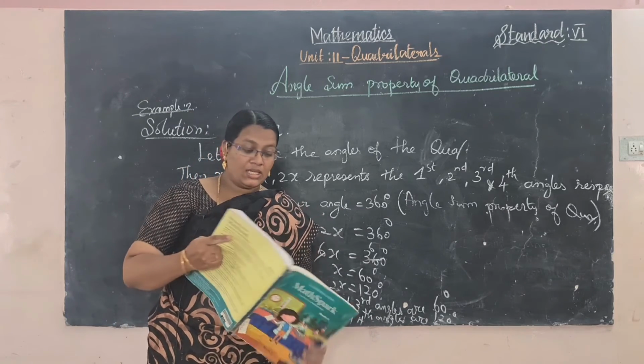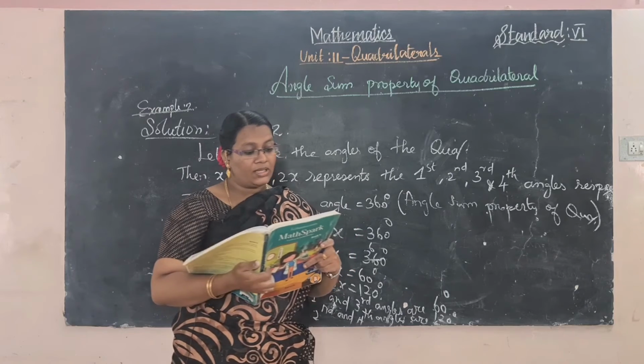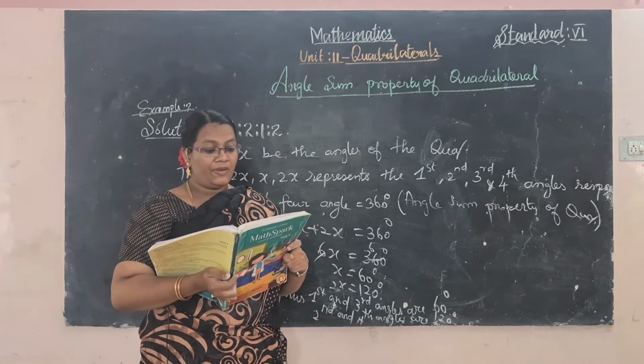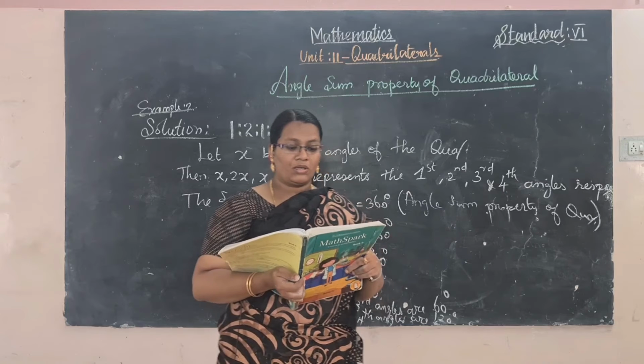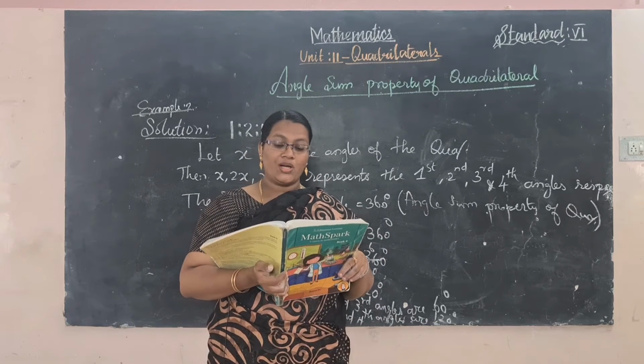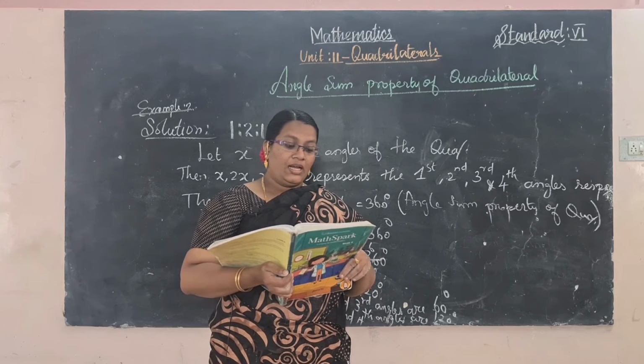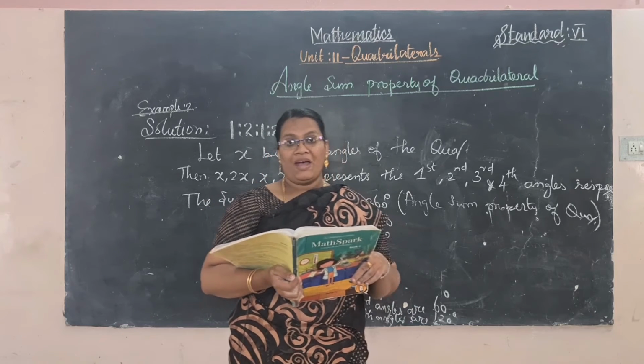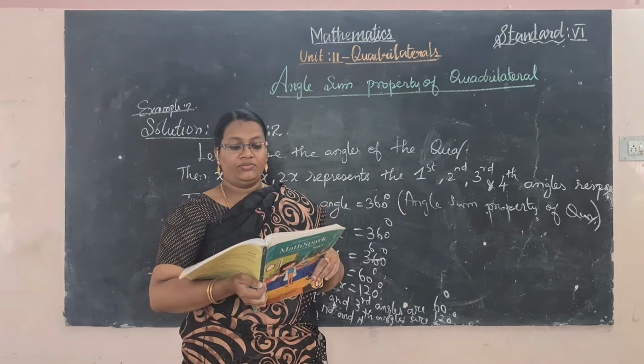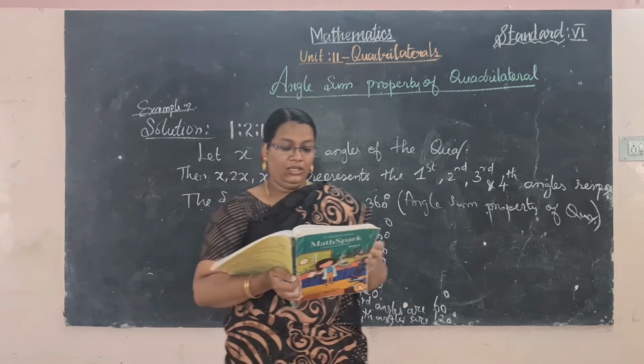Now move to the exercise problem. Exercise 11.3. Draw a quadrilateral PQRS. The first problem is homework. You have to draw a quadrilateral, write the adjacent sides and opposite sides, and name the pairs of adjacent and opposite sides.